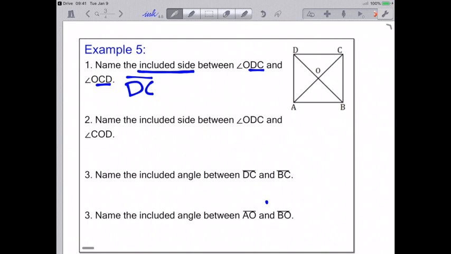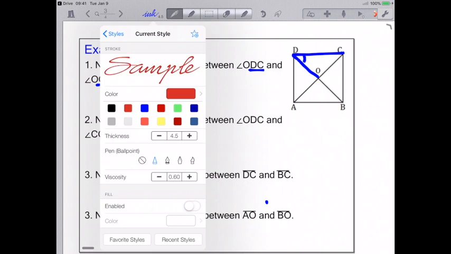Now the next question says name the included side between angles ODC and COD. I notice again that all 3 letters are the same. So I shouldn't have said that on the last one, because technically they repeated all of the letters. So we do need to refer to the picture. So the next one says ODC, so that would be this angle here, and then angle COD. I'll do that in a different color. Angle COD.